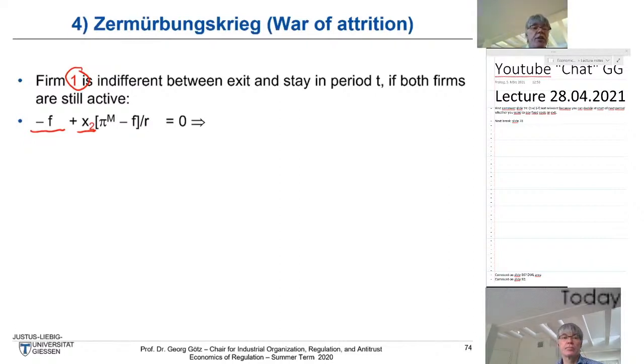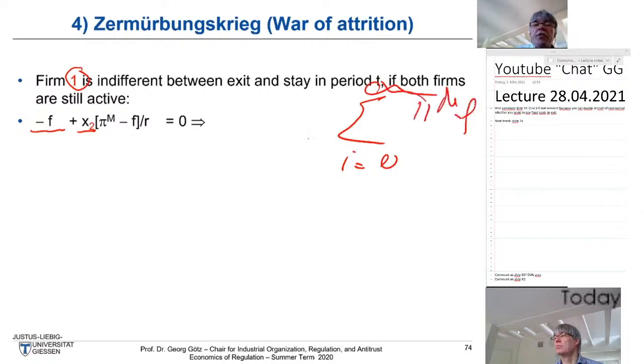This is just our infinite sum, pi m minus F divided by 1 plus r to the power I, something like that. And you get this thing here.